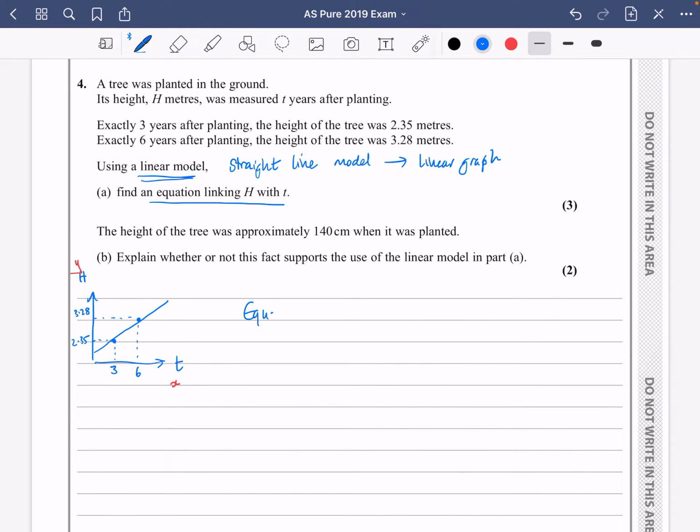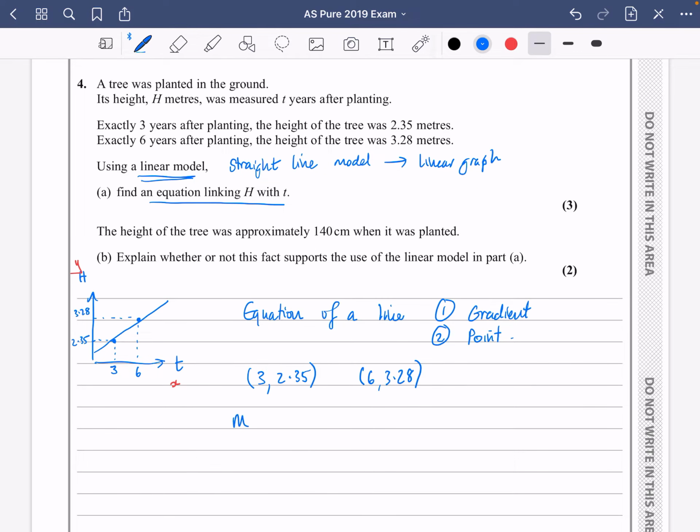Now, to find an equation of a line, we need 2 things. 1, we need the gradient, and 2, we need a point. Well, the 2 points that I'm dealing with here have a t or x coordinate of 3 and a y or h coordinate of 2.35, and the other one is 6 and 3.28.